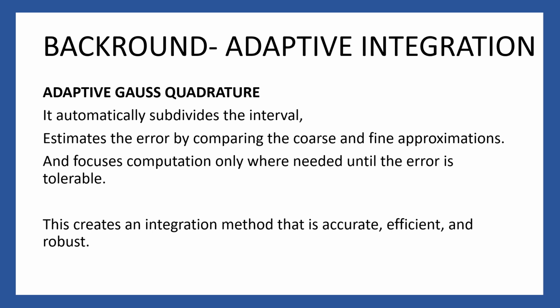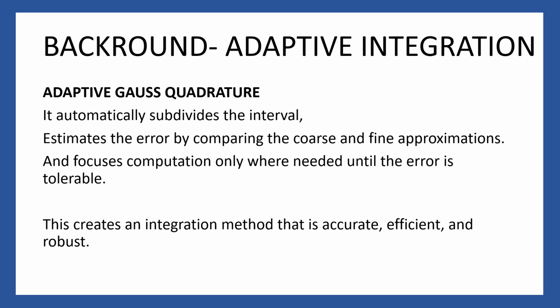What adaptive Gauss quadrature does is that it automatically subdivides the interval, and then it estimates the error by comparing the coarse and fine approximations. Then it focuses computation only where needed until the error is tolerable. It calculates the integral in the subdivided sections, puts all of them together, then compares that value to the integration over that interval without the subdivision.